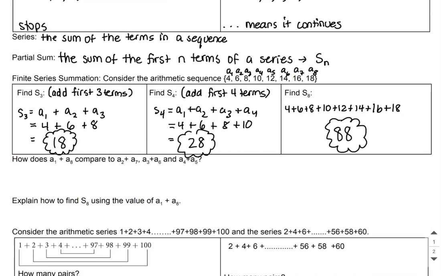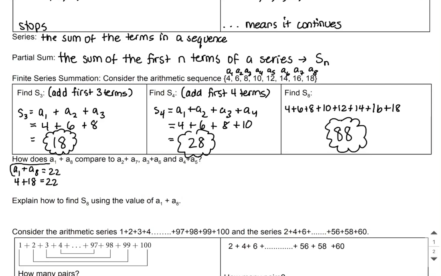The next thing I want to do here is compare these sums that were given to me. I want to add a1 plus a8, a2 plus a7, a3 plus a6, a4 plus a5, and I want to see what those things have in common. So a sub 1 plus a sub 8 is equal to 4 plus 18, which I know is 22. So this is 22.